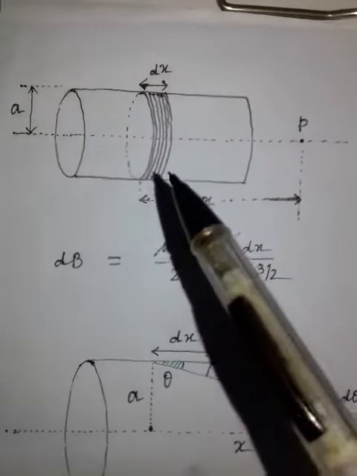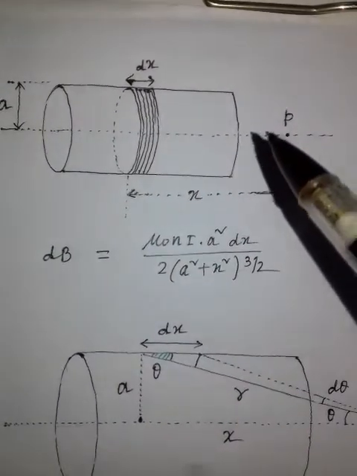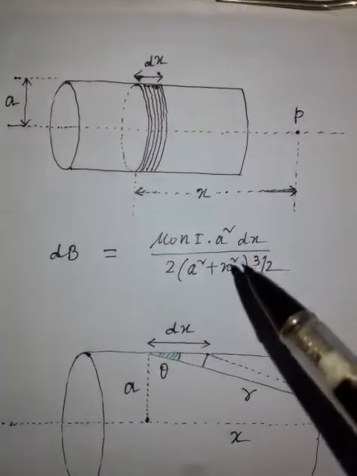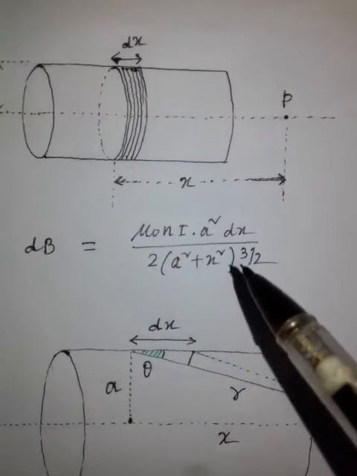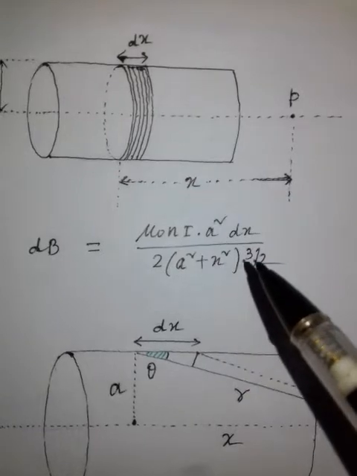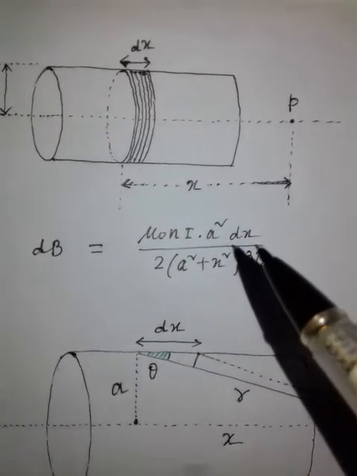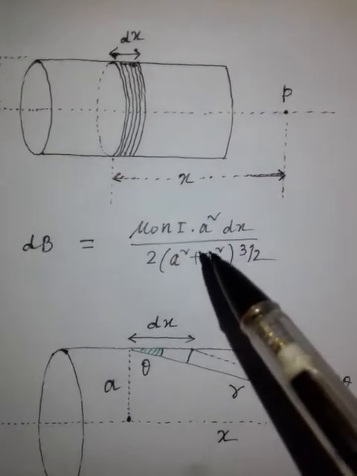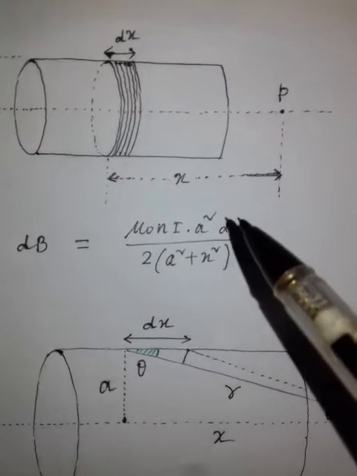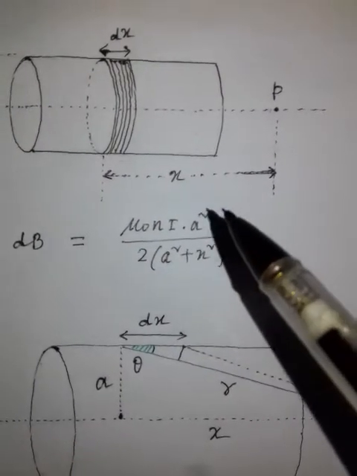Now, to find out the magnetic field at P due to this entire solenoid, we have to integrate over this. But this integration is not so easy. To make the integration easier, we have to transform this variable x to another one.